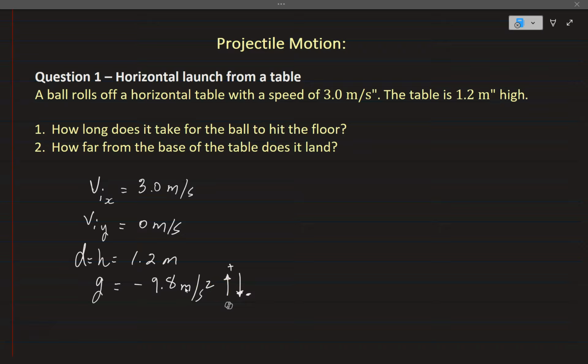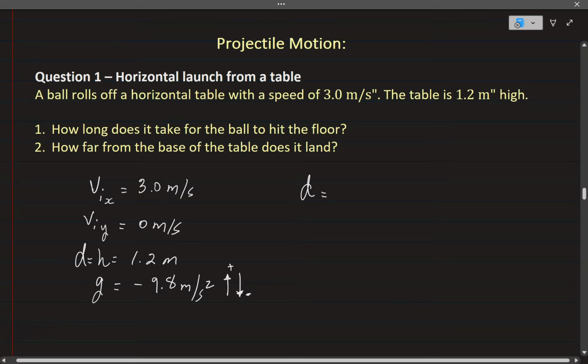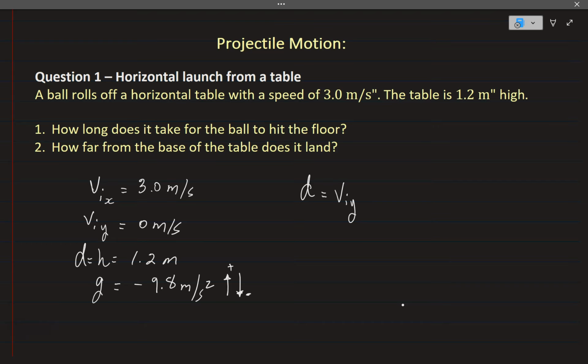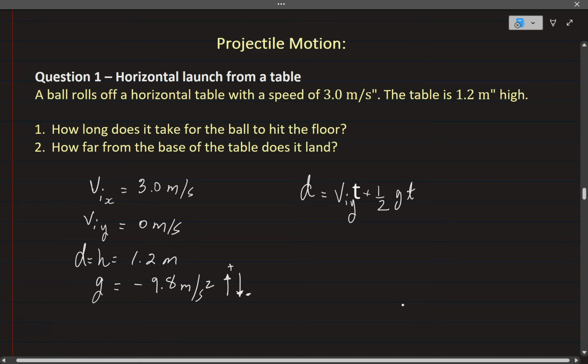And now we're going to use the formula for the vertical component. So d, which is the height, is equal to V initial y times t, plus 1/2 g t squared. That's what we're going to use.